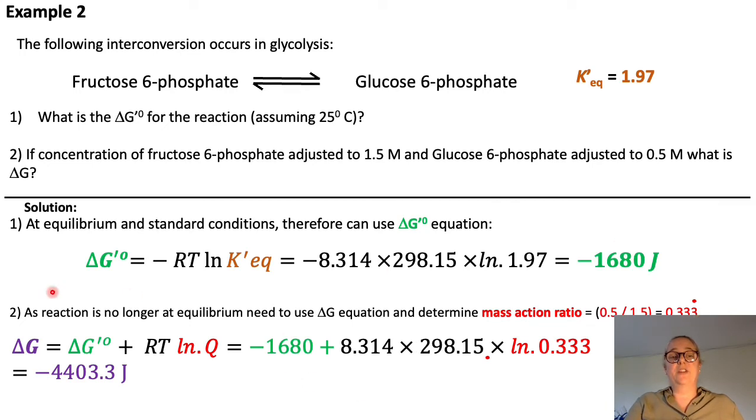So the free energy change is equal to the standard free energy change plus the gas constant times temperature, times ln Q, which equals minus 1,680 plus 8.314, which is the gas constant, times the temperature in Kelvin, 298.15, times ln of the mass ratio, 0.33.